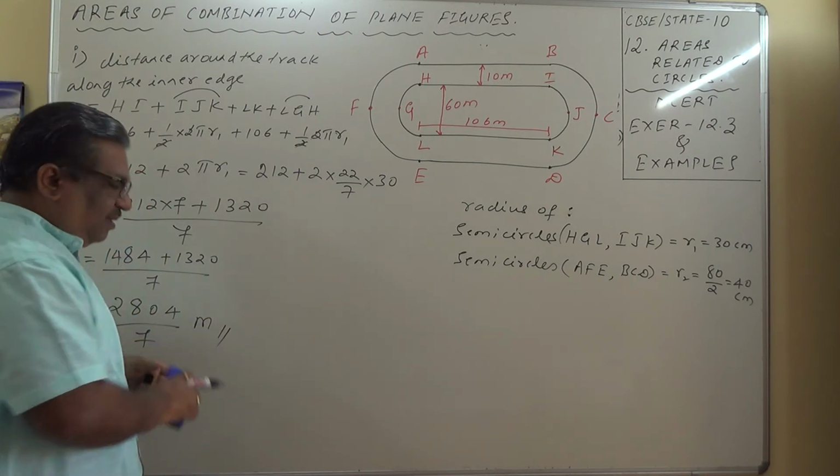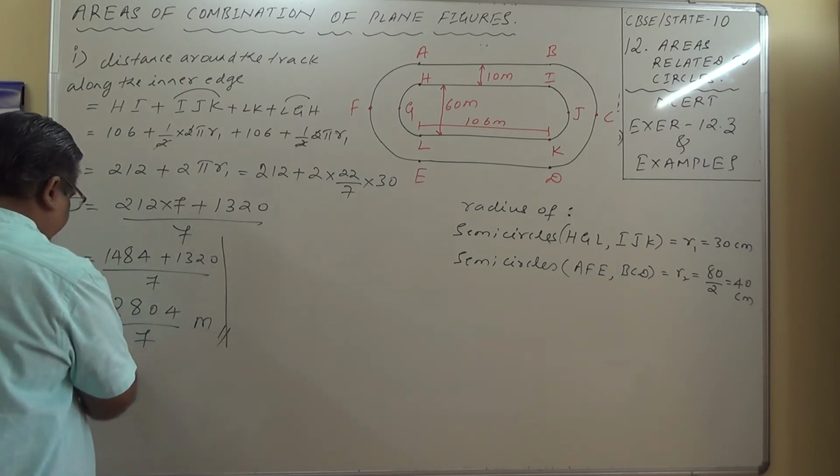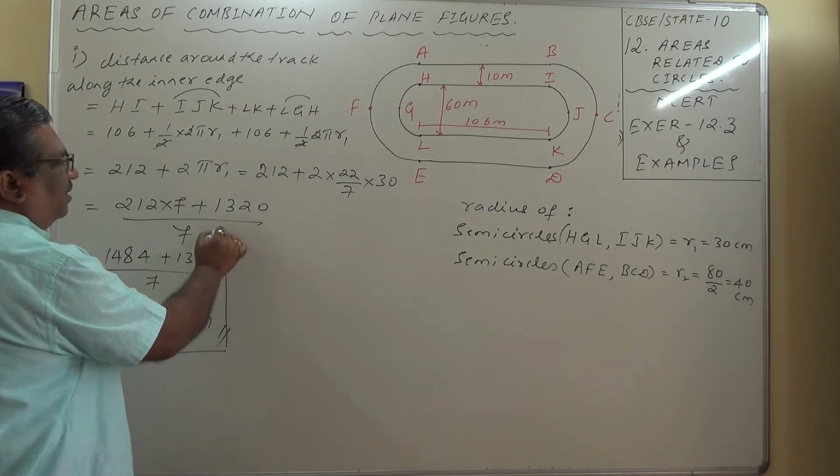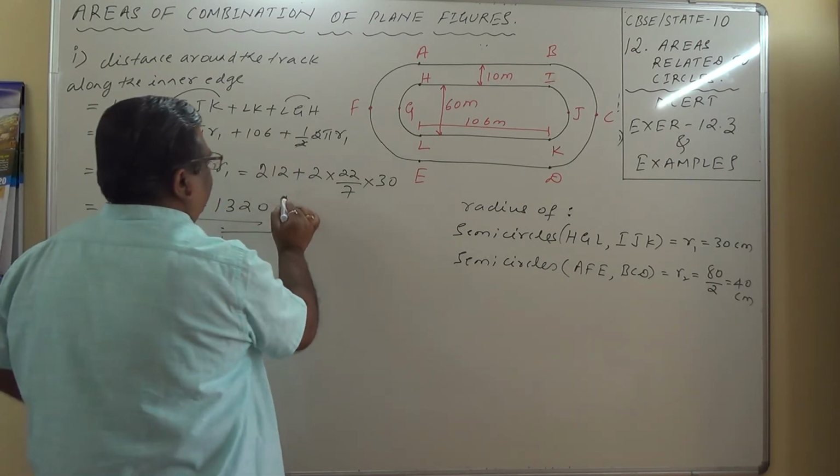Second part we'll solve here itself. The second part is the area of the track.